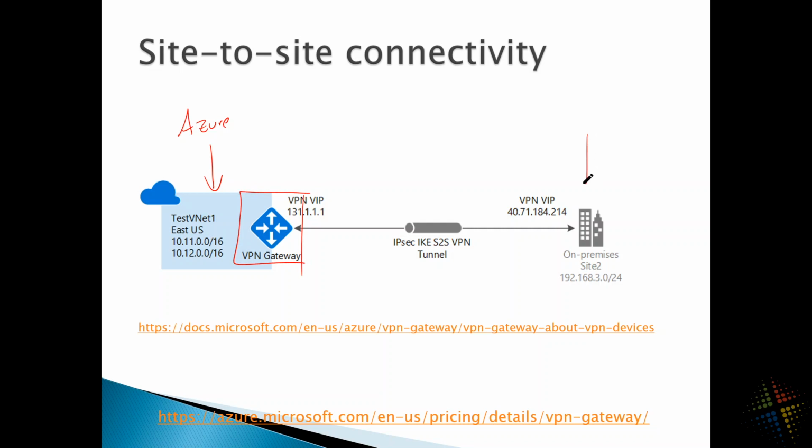And then over here is our main office, or possibly even branch office, or even a home office, such as in my home. And here I can set up a network device such as a Cisco or a Palo Alto or even a Windows server, and I can set up a site-to-site VPN.